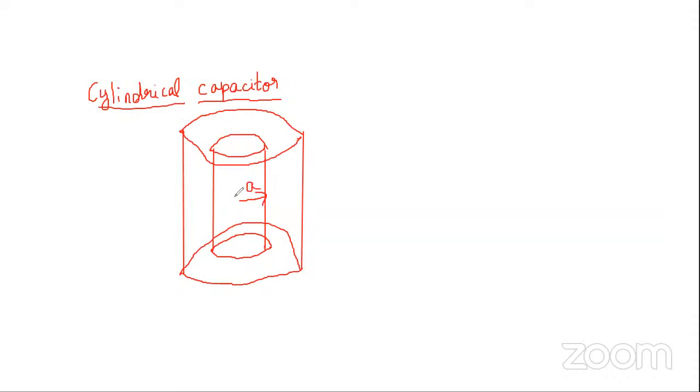And the radius of the outer cylinder is taken as small d. This is the center, and this radius is taken as small d. Now the outer cylinder is earthed here.